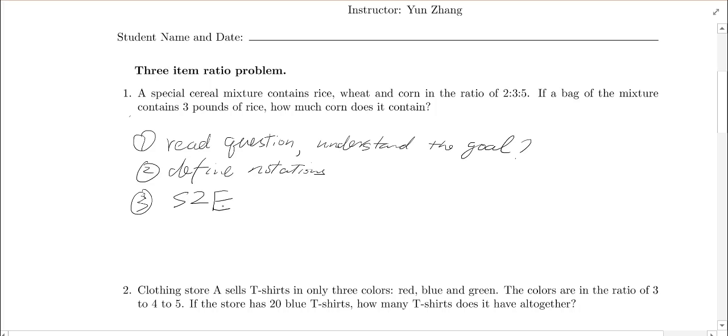If you have 2 unknowns and you only set up 1 equation, that means you probably need to set up another equation in order to solve the 2 unknowns. And the 4th step actually is very mechanical: solve the equation system. So I'm going to use this example to take you through those 4 steps.